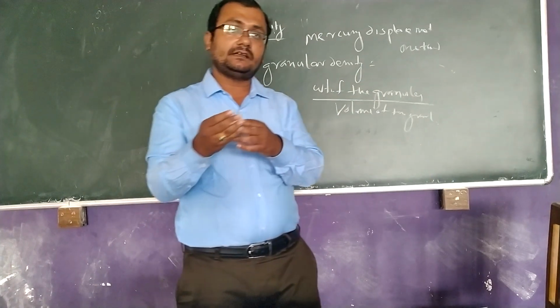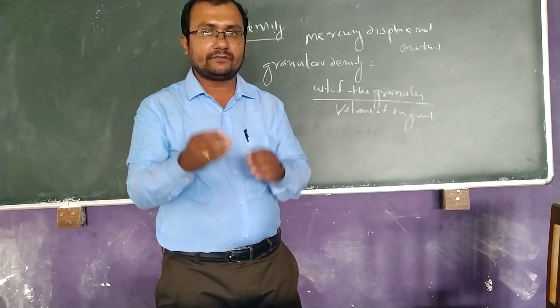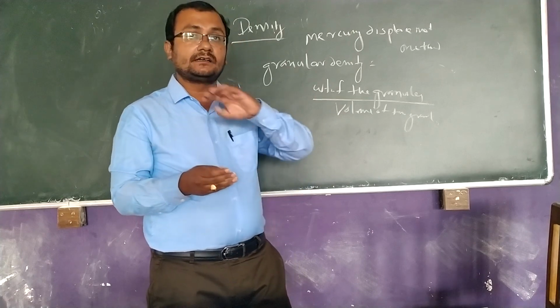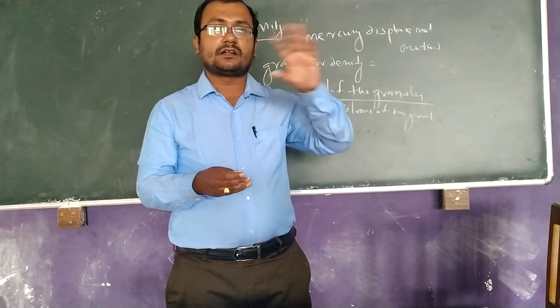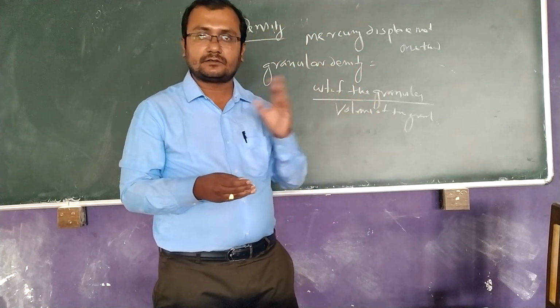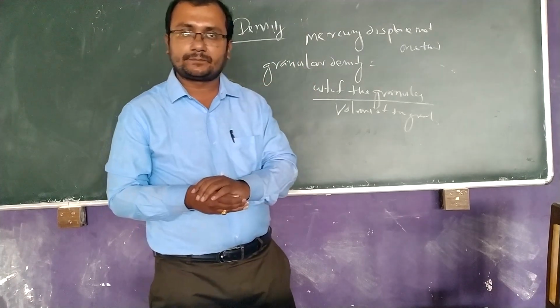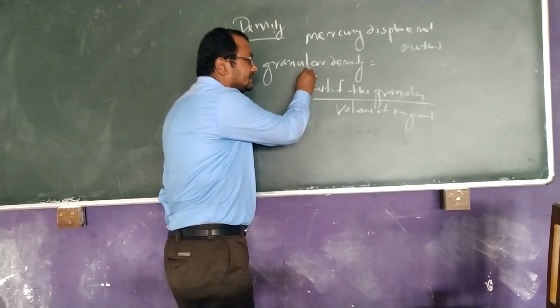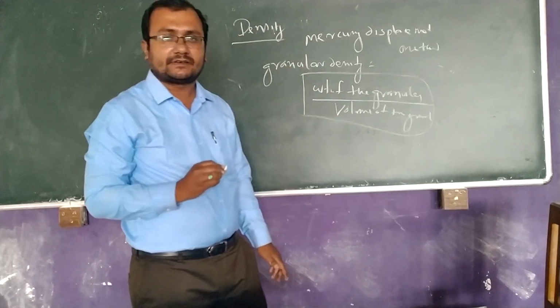What will happen? Mercury will fill the interparticle spaces, but it will not go inside the granules. That means it will not fill the intraparticle spaces. It will not enter inside the granules. Only the interparticle spaces are filled. That's why this gives us the granular density. We calculate it using this equation.